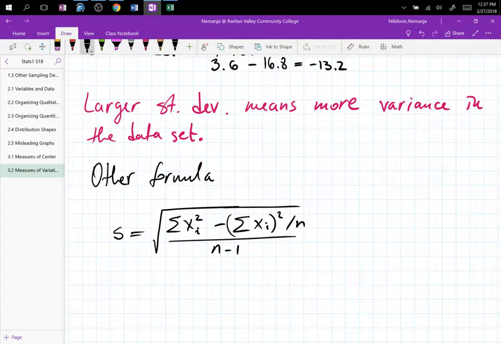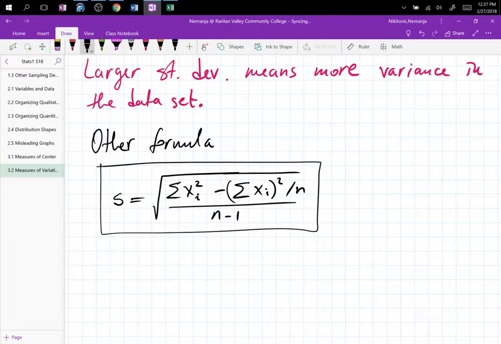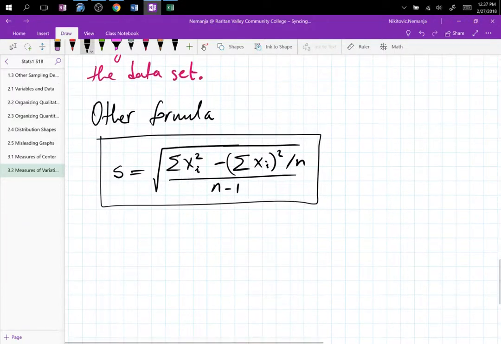As you can see, it's squaring twice. Now what we can do is multiply by n to get rid of the double fraction. This is the formula that the book gives on page 110, and you can use it.